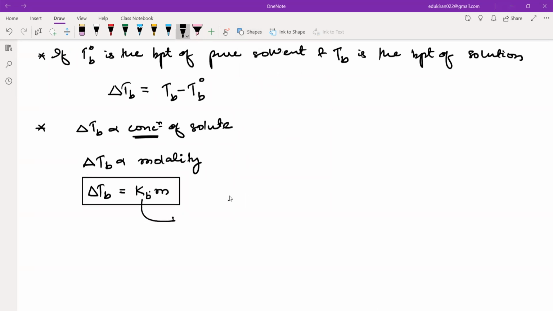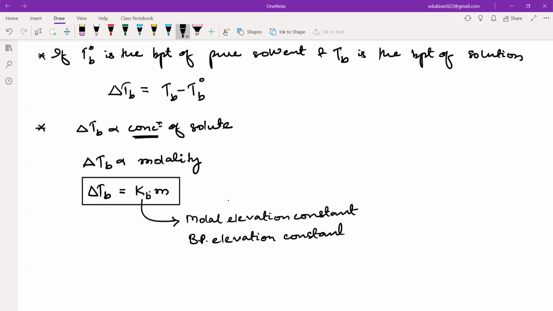What is KB? KB is known as the molal elevation constant, also called the boiling point elevation constant.